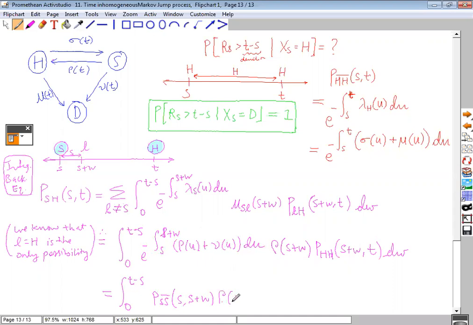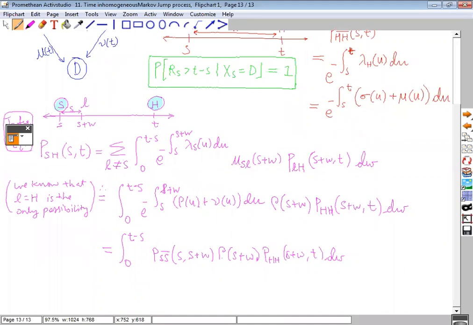And then you can just write it like this. Yes, this is how you will write the integrated backward equation for sick to healthy state.